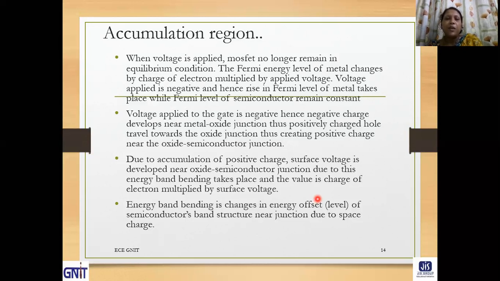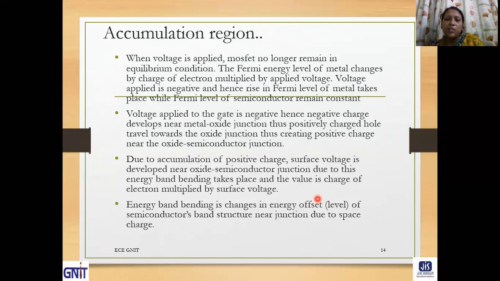constant. Voltage applied to the gate is negative, hence negative charge develops near metal oxide junction. Thus positively charged holes travel towards the oxide junction, creating positive charge near the oxide semiconductor interface. Due to the accumulation of positive charge, surface voltage is developed near oxide semiconductor junction.